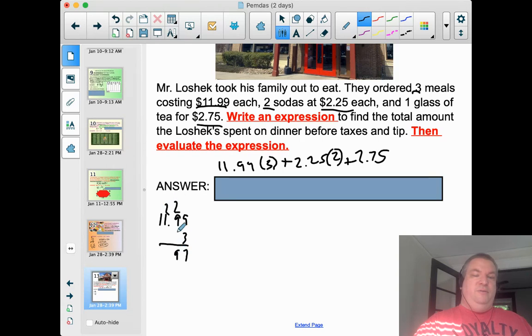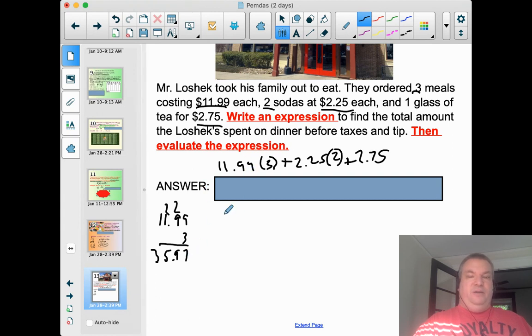Carry the 2. 3 times 1 plus 2 is 5. And 1 times 3 is 3. Okay, for the decimal point, I have 2 digits after the decimal point total. 2 up here, none here. So I put the decimal point here, so there's 2 digits after. So $35.97 is what he spent on dinners.